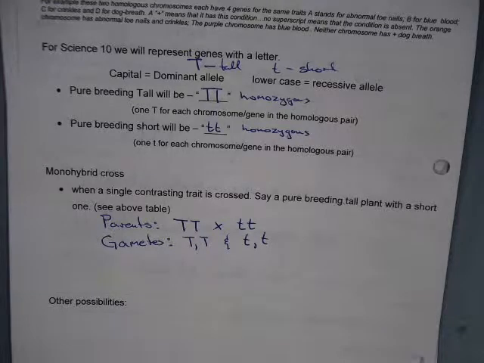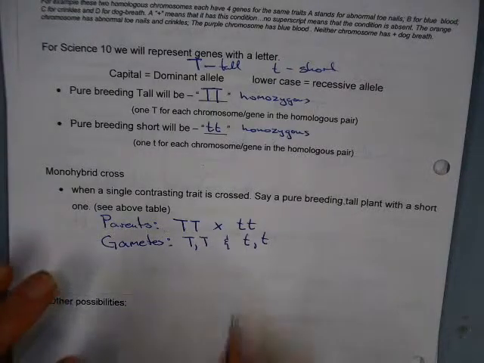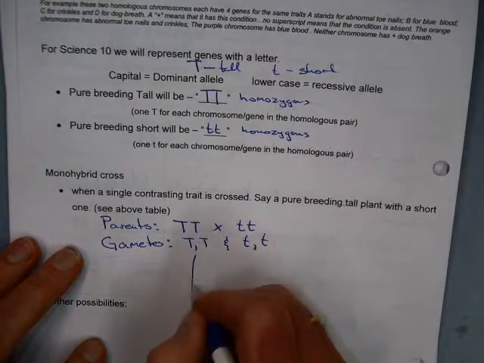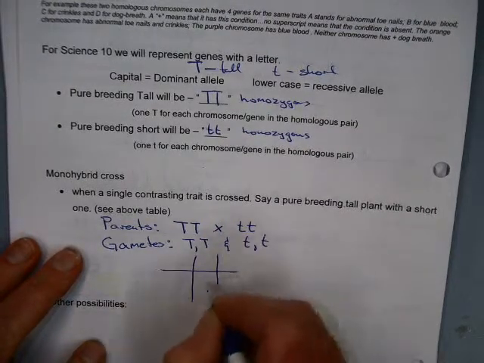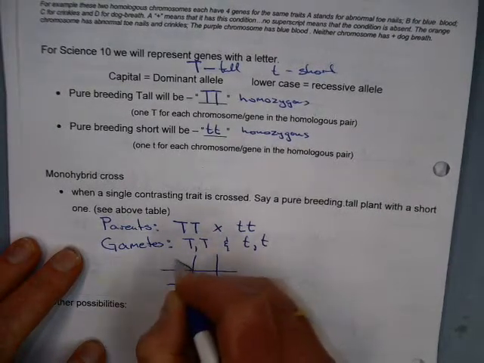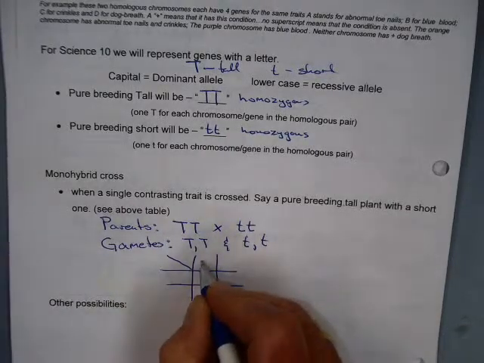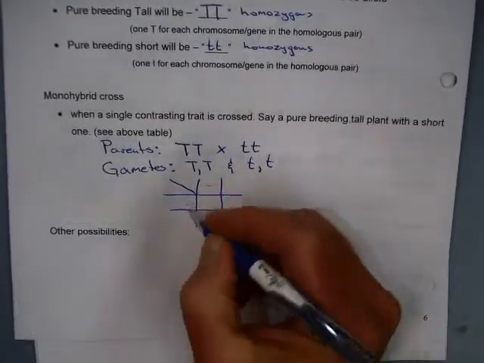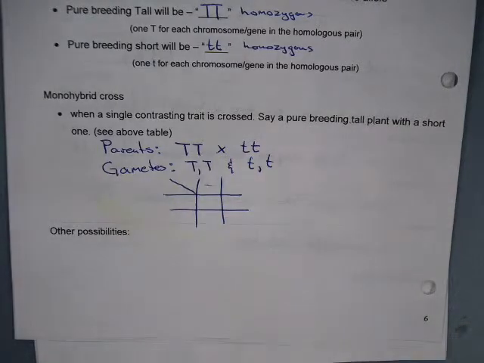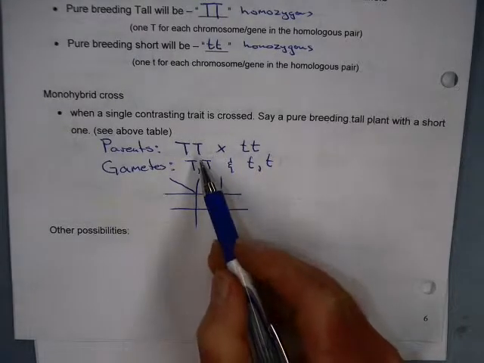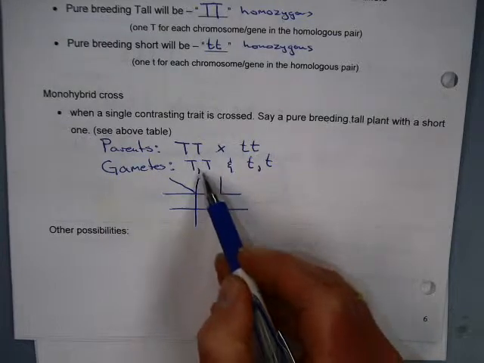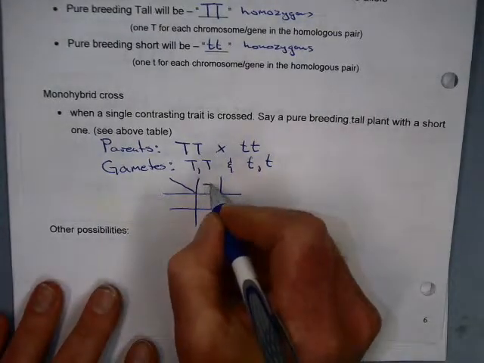So in order to calculate this, we invoke something called the Punnett square. And the Punnett square is almost like a tic-tac-toe, like this. We're going to put one parent on the top. We're going to put one parent here. The gametes. Don't mix the gametes. So if I'm going to put this parent on the top, the gametes are going to be like this.